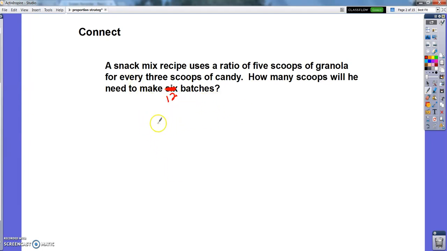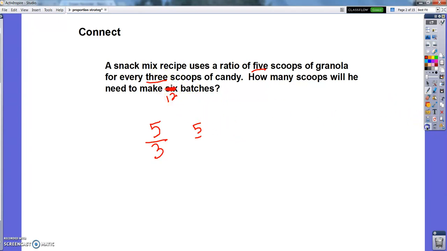And so in that case, we had a ratio of 5 to 3, granola to candy. And he just kept making sets of that, right? He did 1 batch, 2 batches, 3 batches, and so on until we made 12 batches to see how many scoops he needed.